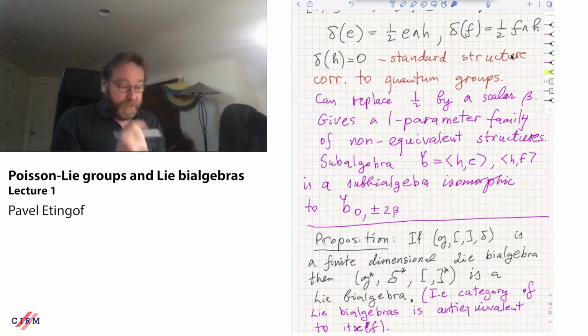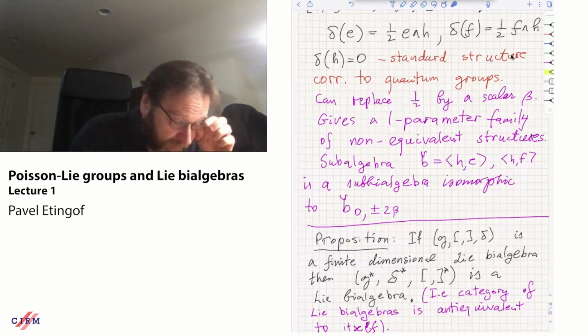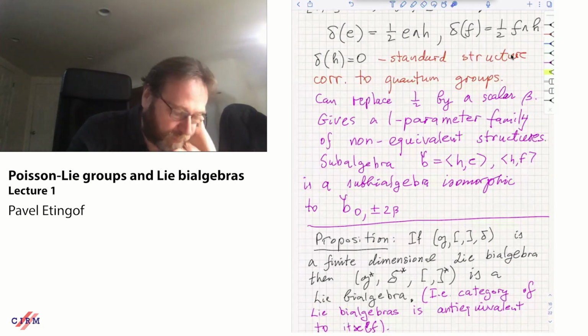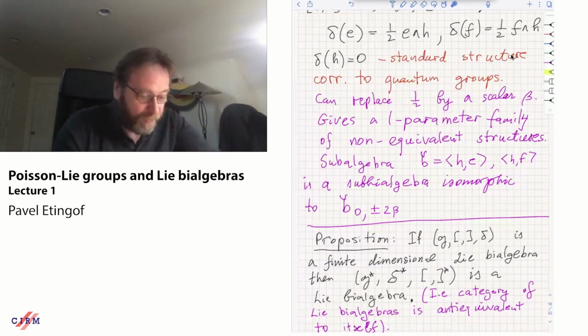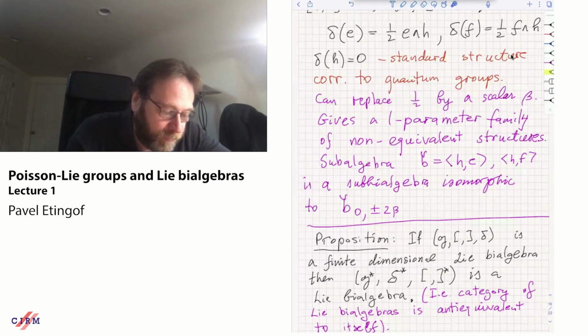Another thing is that the notion of Lie bialgebra is self-dual. So we have the following proposition. If you have a finite-dimensional Lie bialgebra G, then the dual space G star is also a Lie bialgebra. A Lie bialgebra is a Lie algebra and a Lie coalgebra with a compatibility condition.